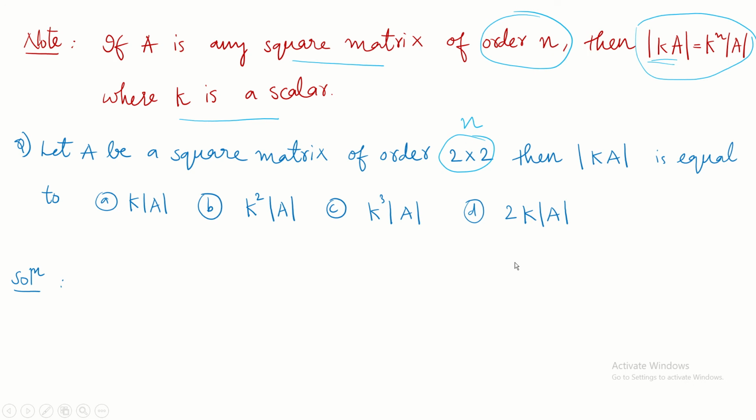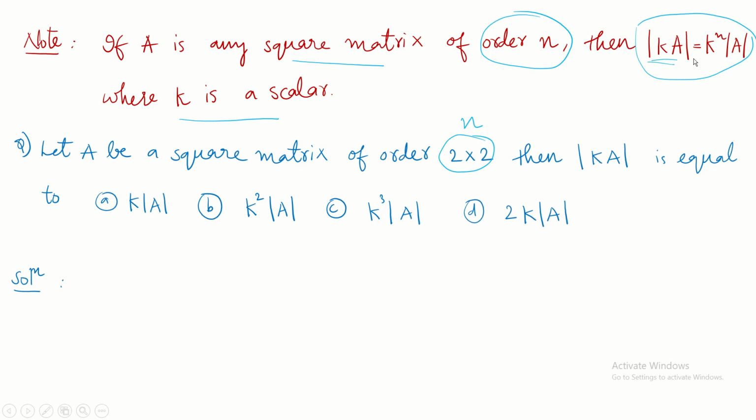You have 4 options: k into determinant of A, k square into determinant of A, k cube into determinant of A, 2 into k into determinant of A. So what will be the answer for this question based on this note?